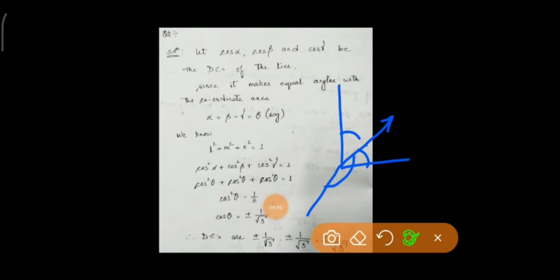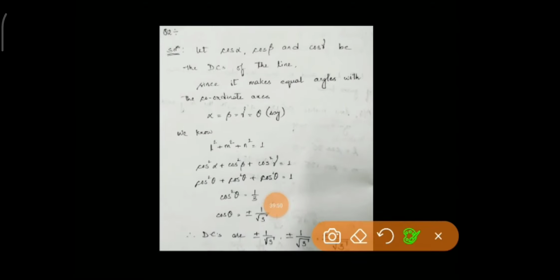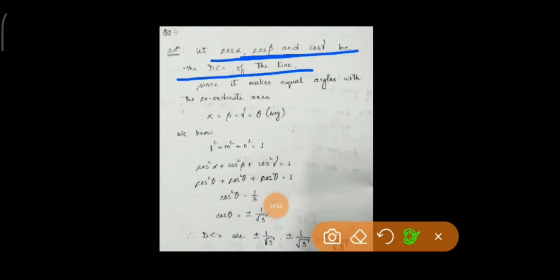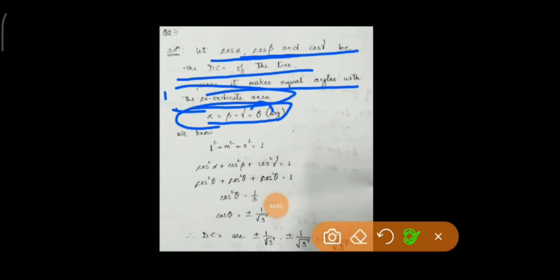So they are all equal. Since they are talking about angles, I took cos alpha, cos beta and cos gamma as the direction cosines. Since it makes equal angle with the coordinate axes, all the angles are equal, so I put it as theta.